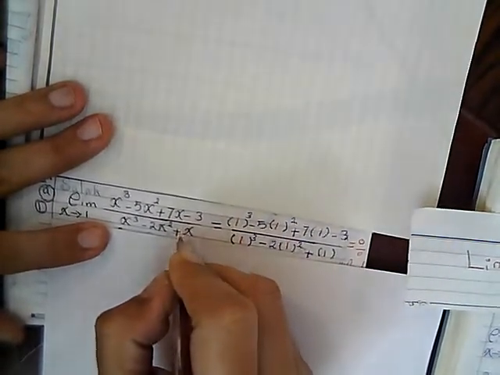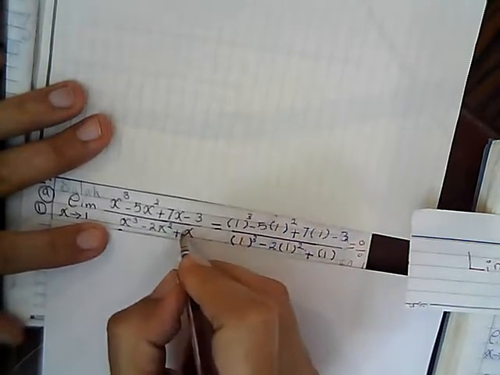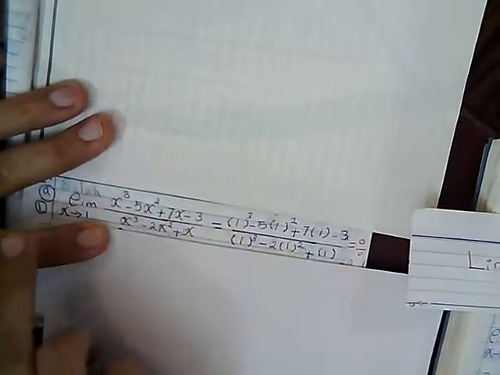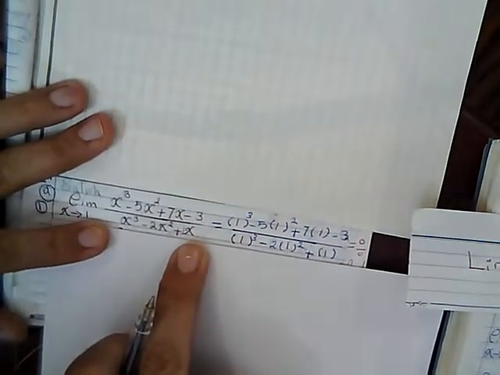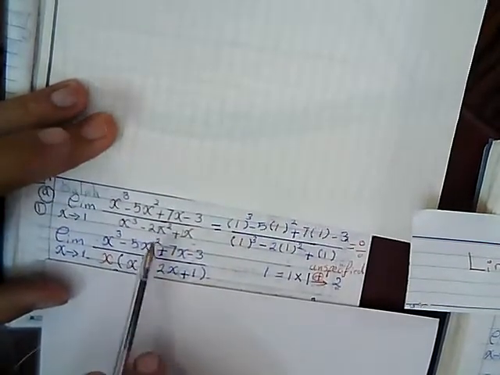X is the same as 1x, so the x is gone, the 1 will stay. So that's what I did in the denominator.